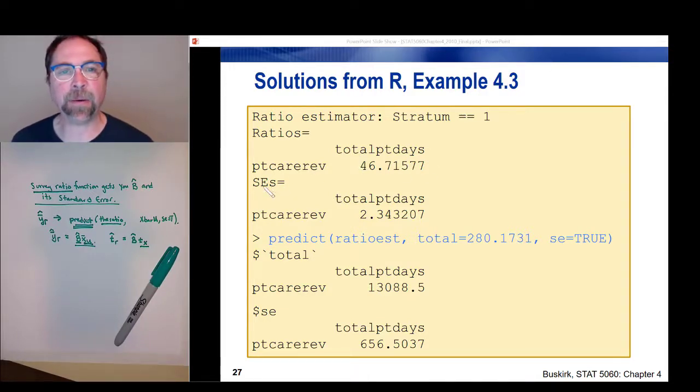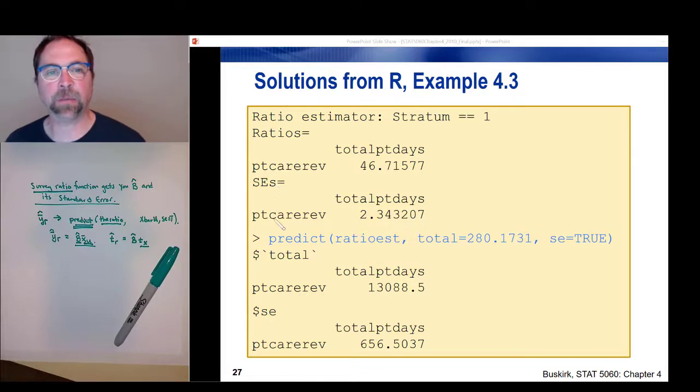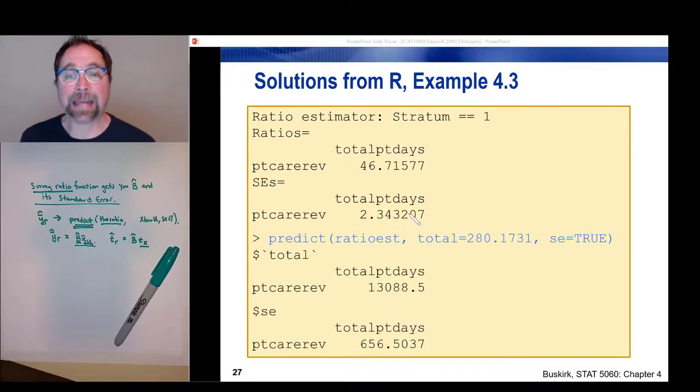This is the standard error of the B hat estimate, and you will see here that you will get the patient care revenues and the total patient days accordingly. So this is the standard error of the B hat, not the standard error of the overall mean estimate from the ratio.